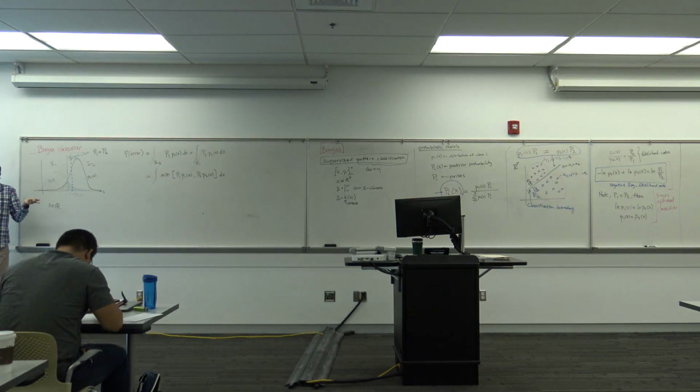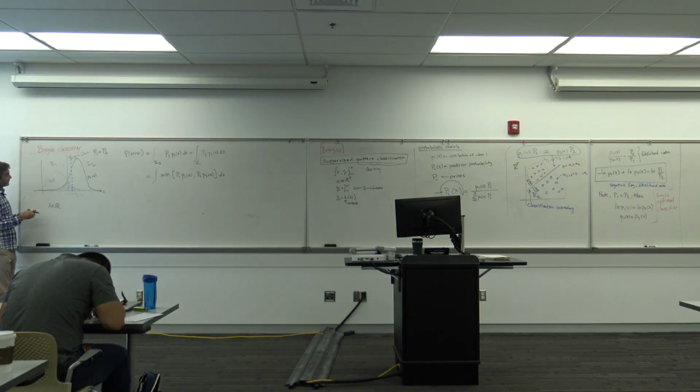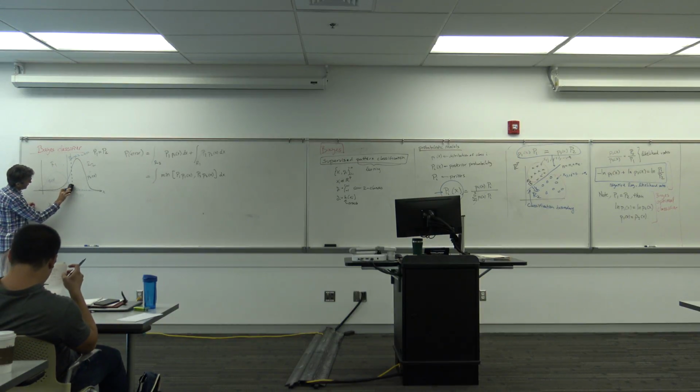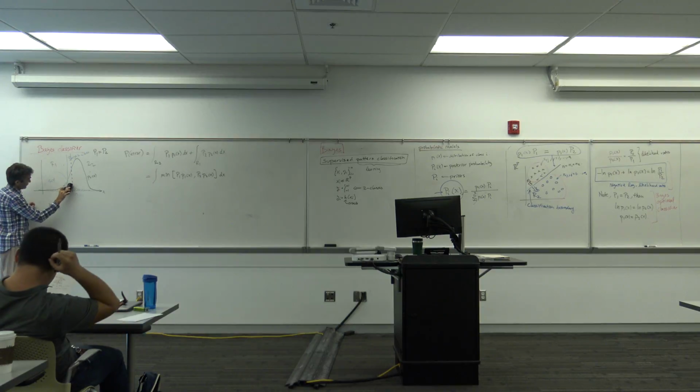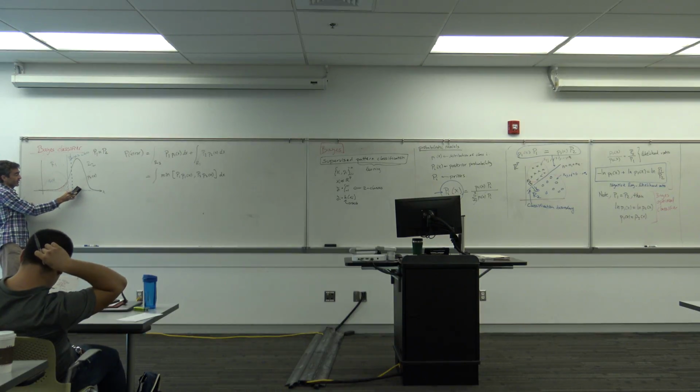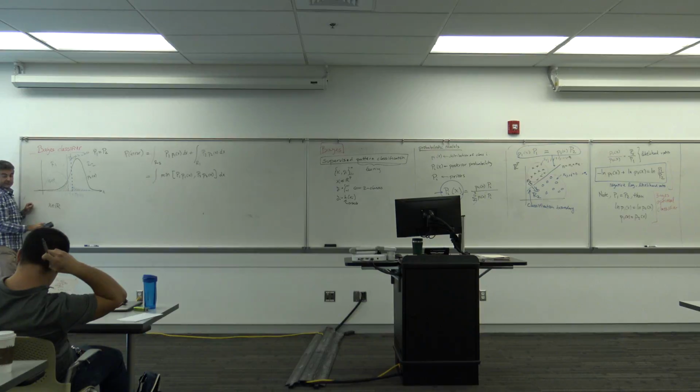This is another classifier. What happens if I do that? Well, this error that I was making here, for samples of class 1 being classified as class 2, are now correctly classified. So this error disappears, right?